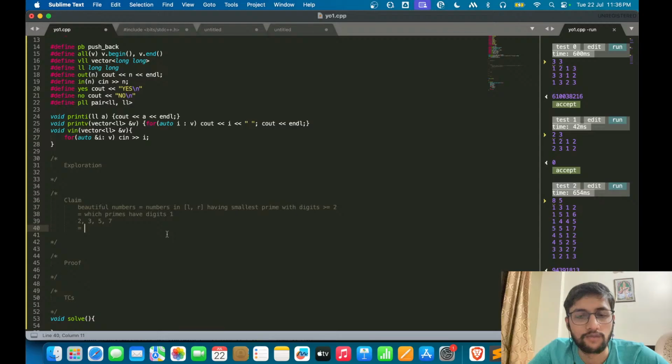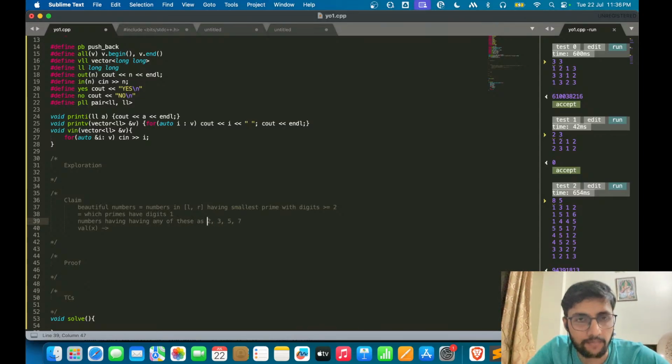This basically is a simple implementation of the principle of inclusion and exclusion. So let's say we have a function val which takes an integer x, and let's say the numbers having any of these primes as factors are bad.